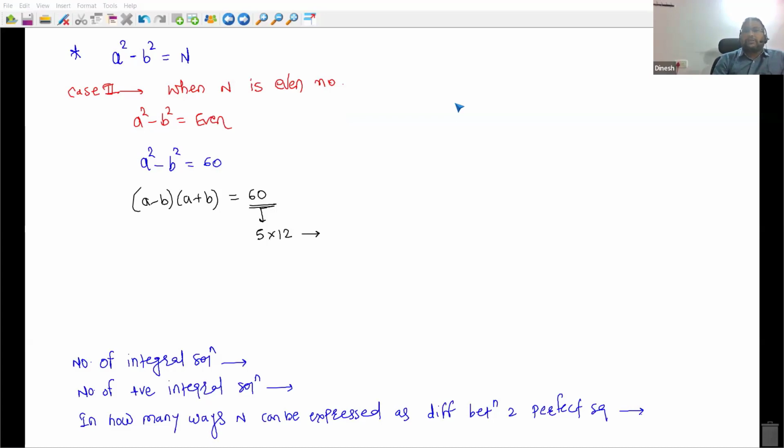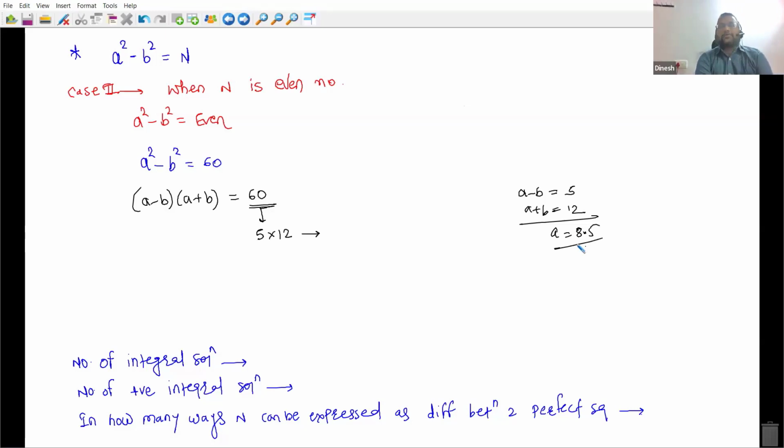We are dealing with the integral solutions only. So a minus b is equal to 5, a plus b is equal to 12. If we solve this, we will get a equal to 17 divided by 2, 8.5. So you will not be getting the integral solution over here.